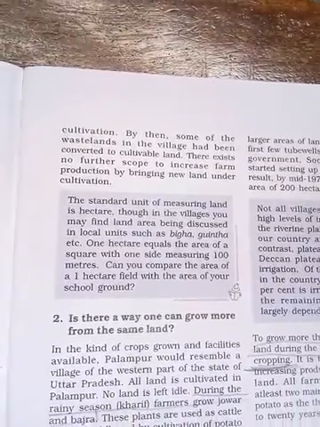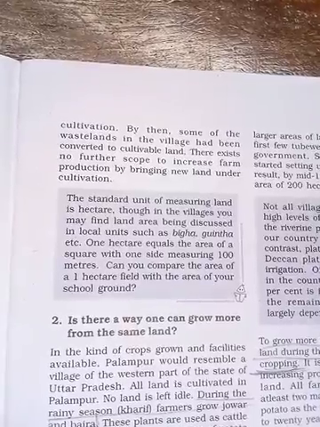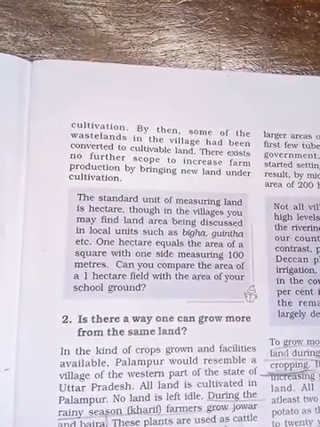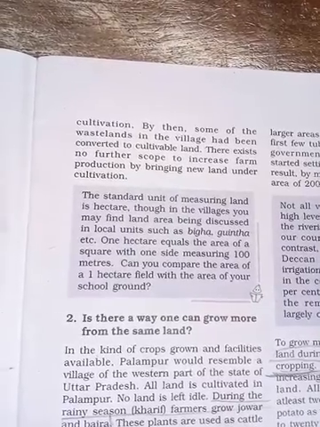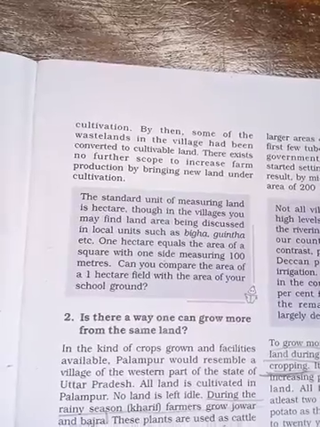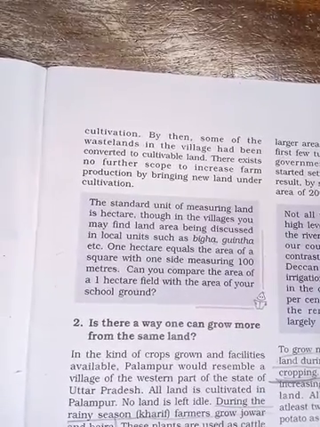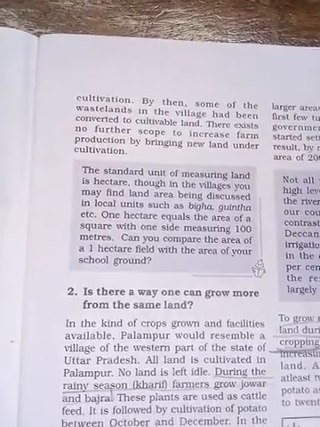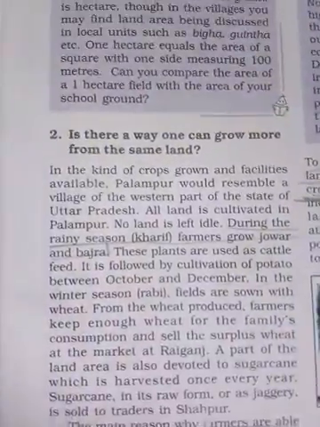That means there is no hope that the land will increase and that production will also increase. If their land is small, they are going to produce in a small quantity. So that is happening. Let us see the second one.